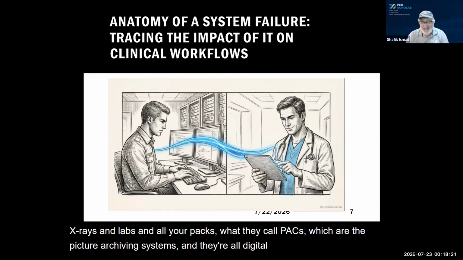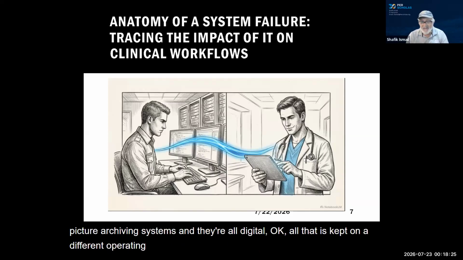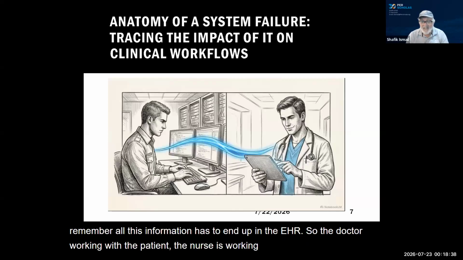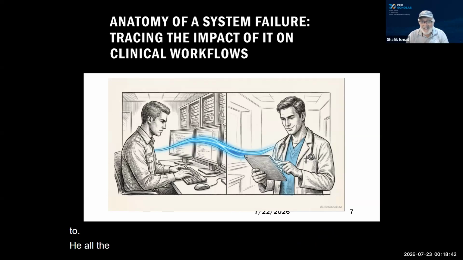All that is kept on a different system database called PACS. So remember, all this information has to end up in the EHR. So the doctor working with the patient, the nurses working with the patient, have to be able to see all the results and then make a very, very intelligent decision on what to do next.